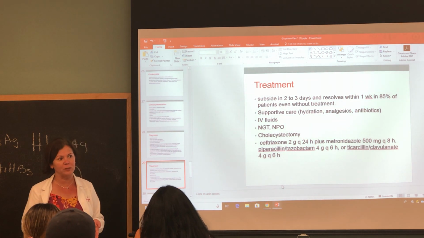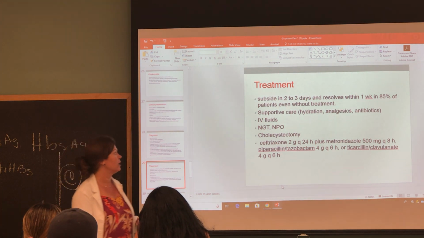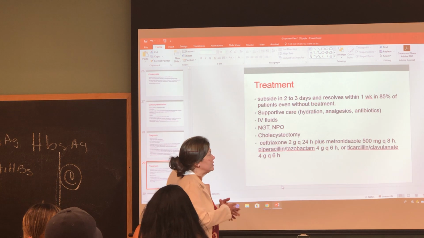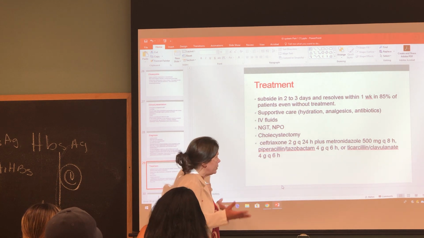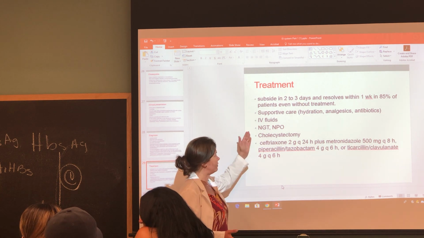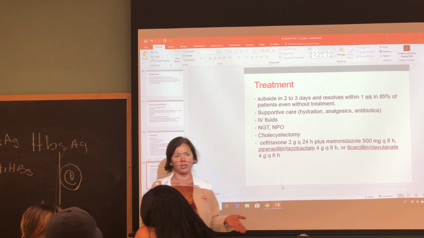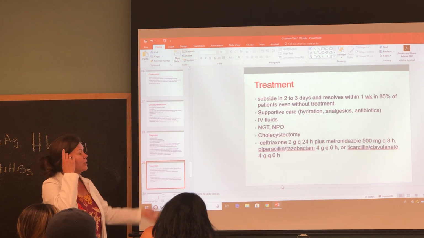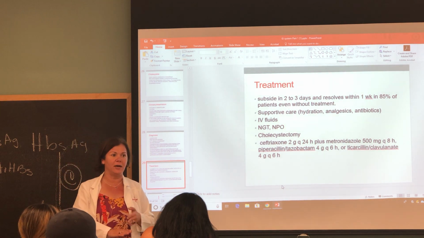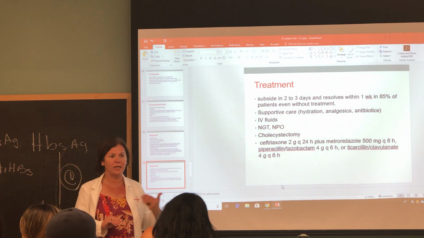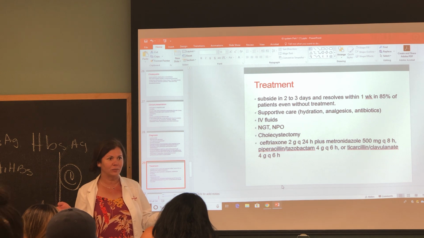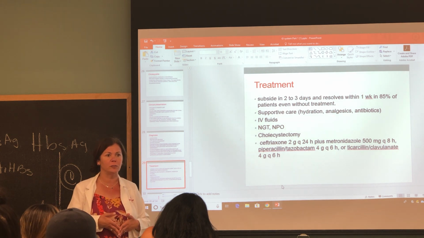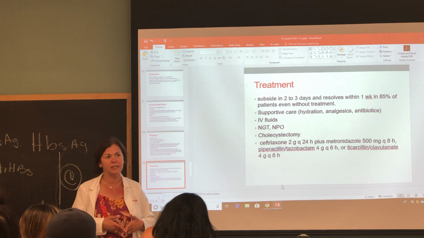When there are repetitive episodes, of course, you have to bring the patient for surgery. Now, the most definitive treatment, of course, will be cholecystectomy, but you don't have to do cholecystectomy in all the patients, okay? Now, antibiotic treatment, exactly the same as before. You don't have to memorize any other choices. So bringing the patient into the hospital and treating the patient for cholecystitis.